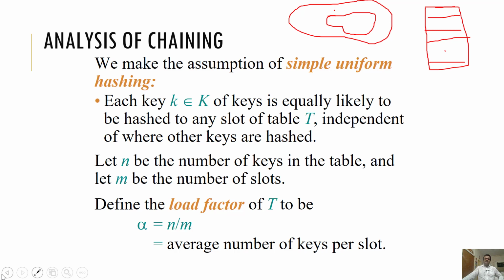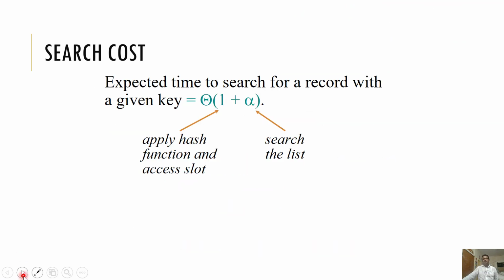We will see some examples where we have a good hash function or a bad hash function. Suppose we have a reasonably good hash function, and we have some keys and m slots to which these keys are to be mapped. Then what is the search cost, or the insert cost? So how do we search or insert?